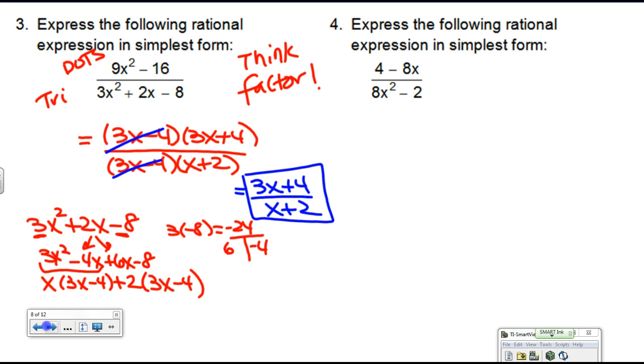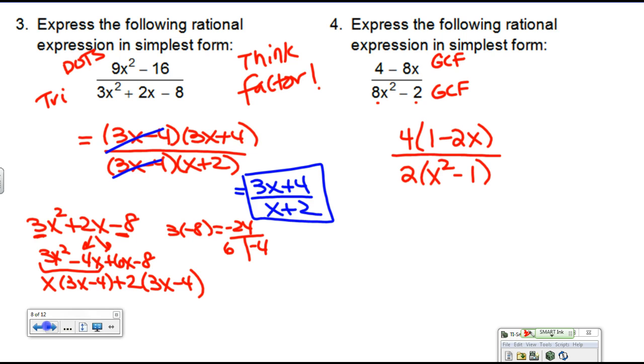All right, and lastly, problem 4, to simplify, you're going to think factor. That's a GCF, and that's also a GCF. So you can factor out a 4 in the numerator. You can factor out a 2 in the denominator. And then you're like, well, wait a minute, I only see the 4 and the 2 in common.